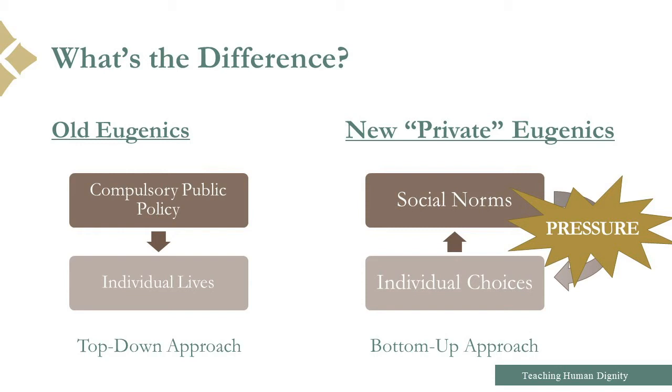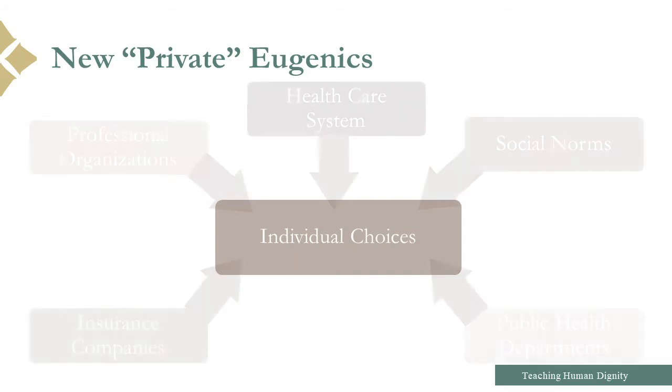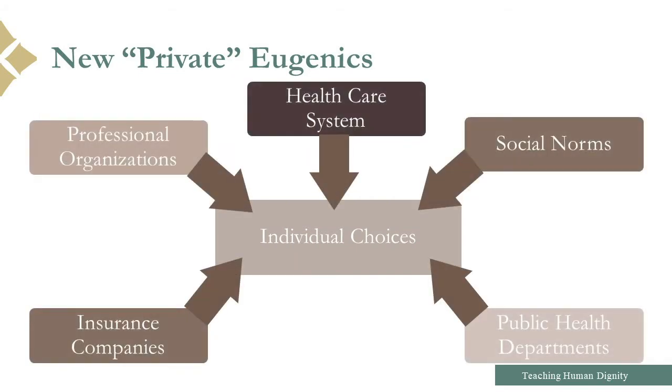However, I think we also risk missing a very important piece of this puzzle if we fail to see that the individual choices that parents are making regarding the life and death of their children with disabilities, these very private eugenic decisions, are made in the much larger context of a healthcare system, including professional organizations, insurance companies, and public health departments, which exhibit a very clear eugenic agenda.